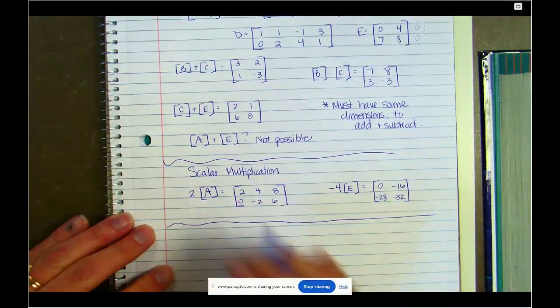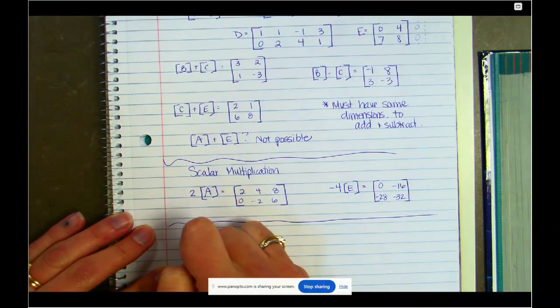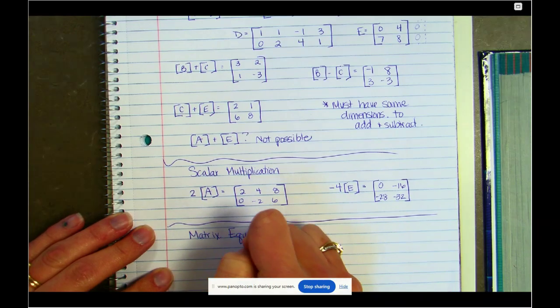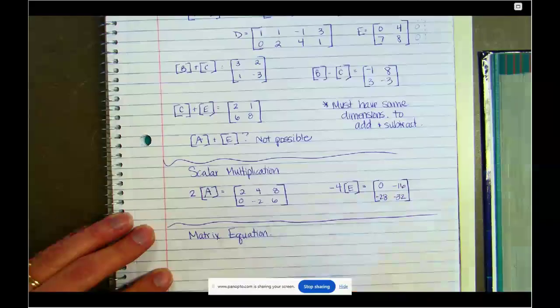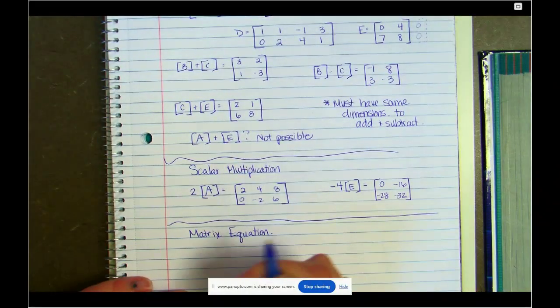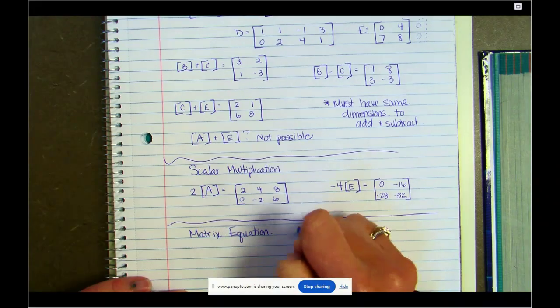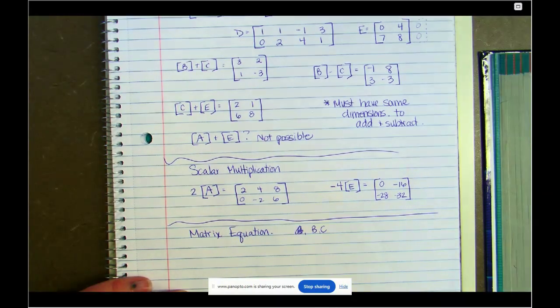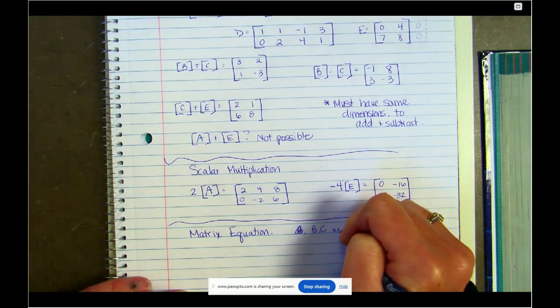Now, we're going to talk about something called a matrix equation. So this is different than using a matrix to solve a system. We're using our matrices that we have up here. So we're going to say that B, C are the matrices above.